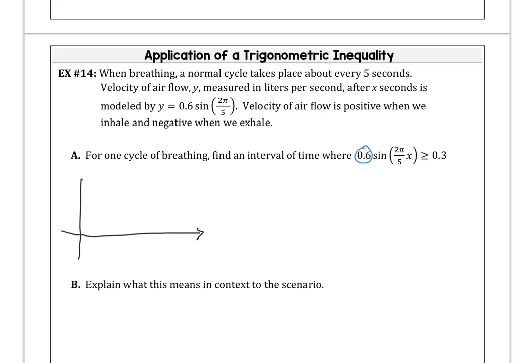So on our calculator, this is our graph, and we want to have a graph of y equals 0.3. So on the left-hand side, we graphed this equation, and on the right, we graphed 0.3 as a separate line. So this is the f of x, and I want that to be greater than the g of x. So g of x is 0.3.